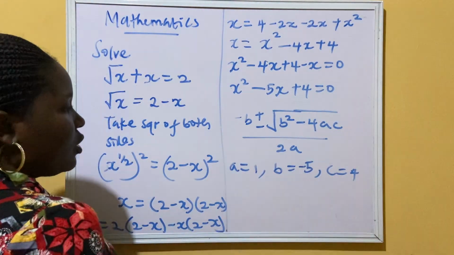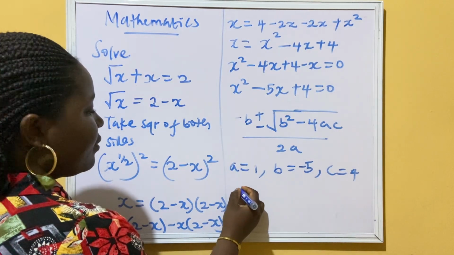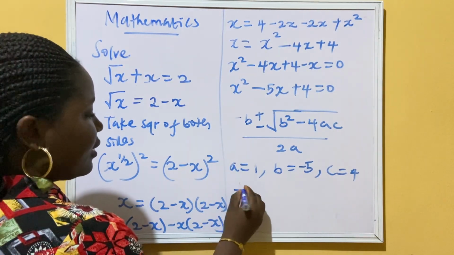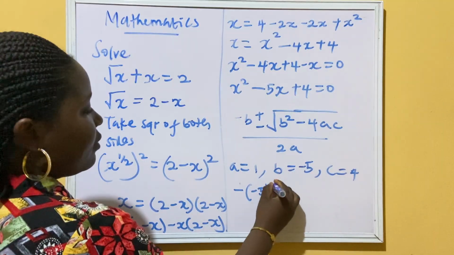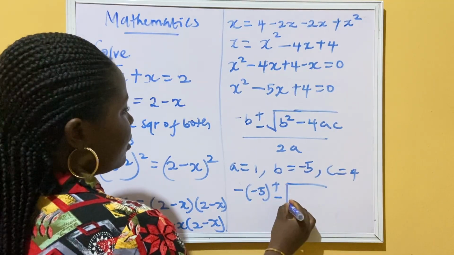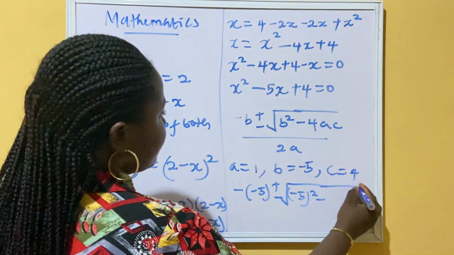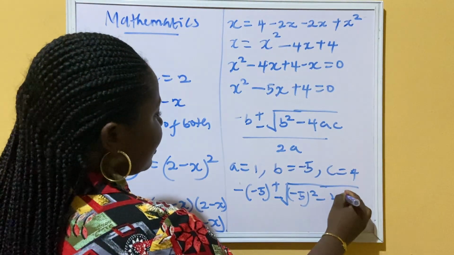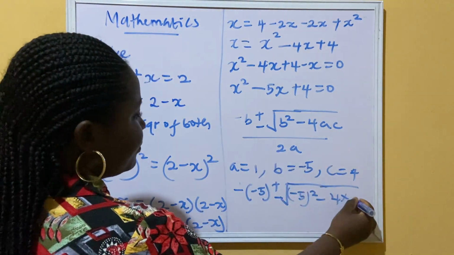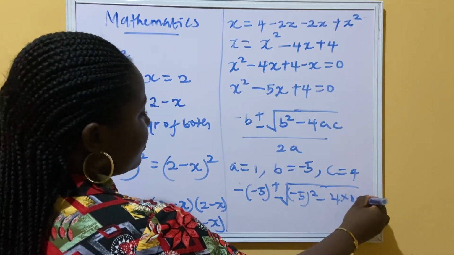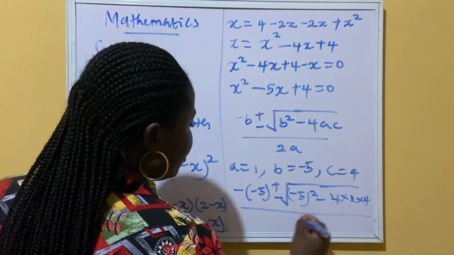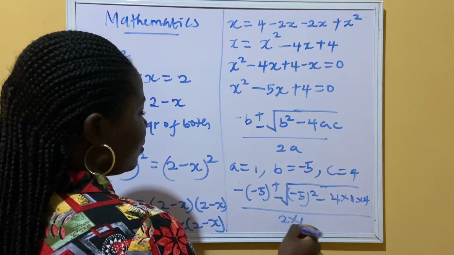So if you input all of that into this, you have minus of minus 5 plus or minus square root of minus 5 squared minus 4 times a, which is 1, times c, which is 4 as well, all over 2a, that's 2 times 1.